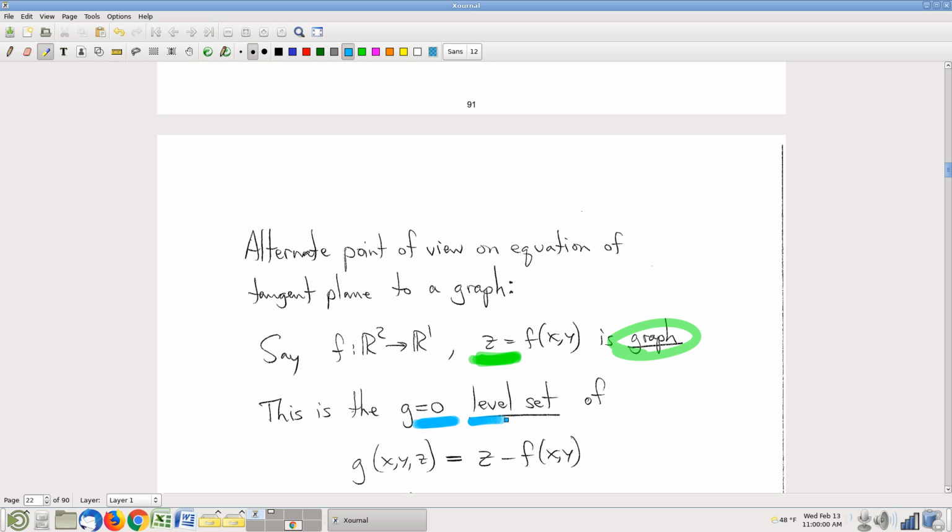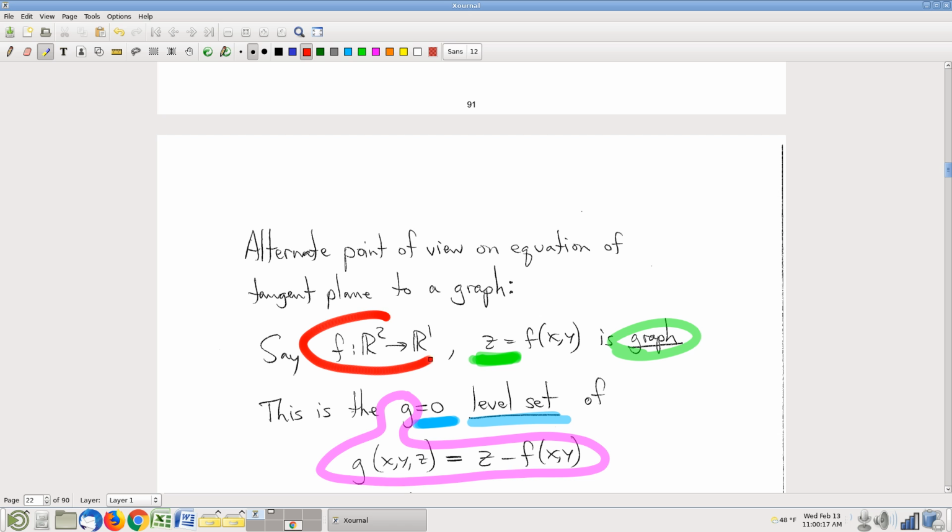See here, level set, because we're setting this new function called g equal to a constant. So this function g has level sets that are the same as the graph of this function f.